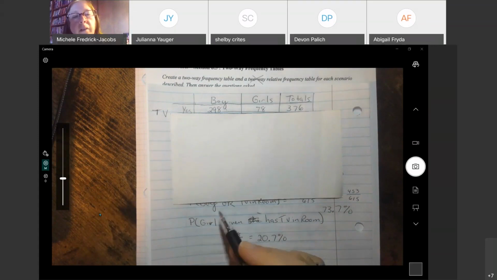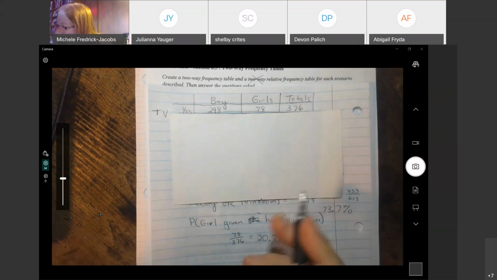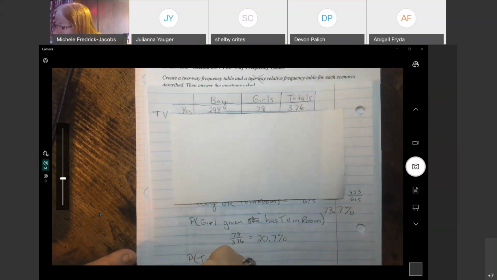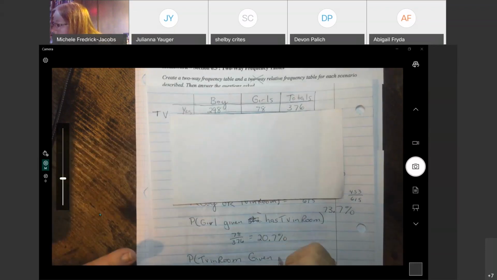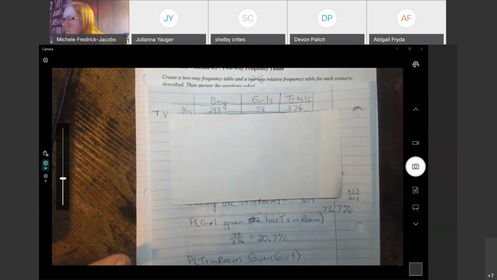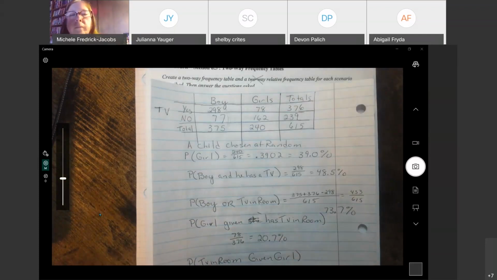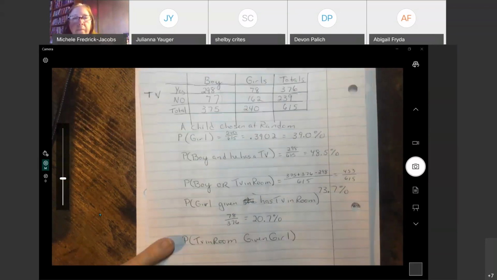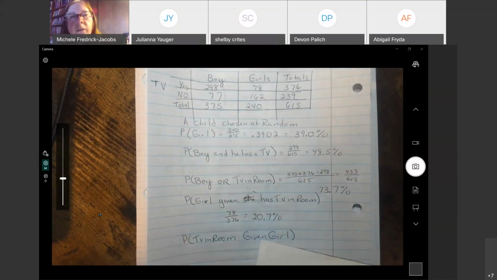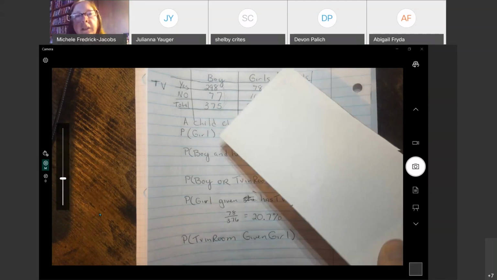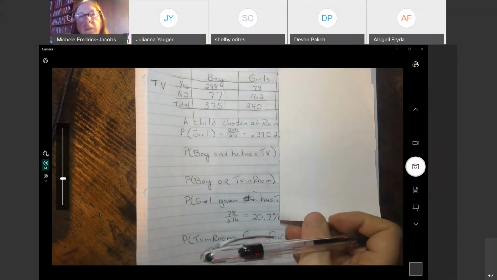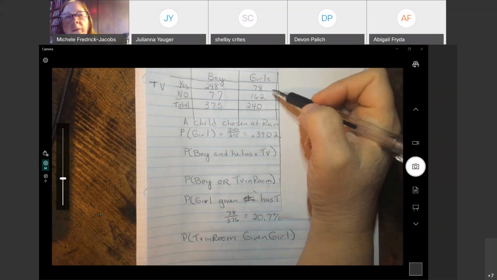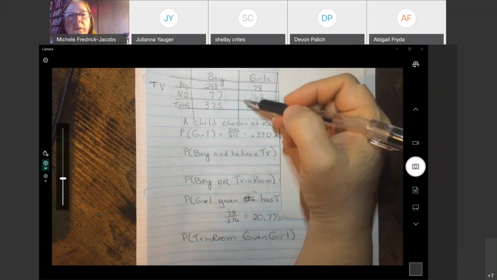Let's do the opposite. The probability they have a TV in their room, given we know it's a girl. So if it's given it's a girl, that means we're only using the girl column. So we're only using this because we know it's a girl.